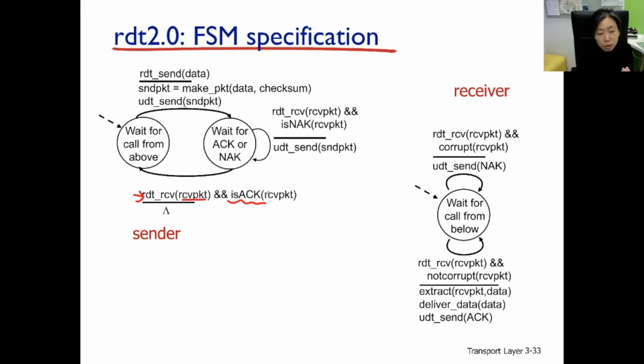And you check whether the received packet is positive. If both conditions are true, then do nothing. So this is the empty set, do nothing, and then return to the wait for call from above state. Meaning, positive feedback, so move on with the lecture, for example. So Polly can actually teach more next.